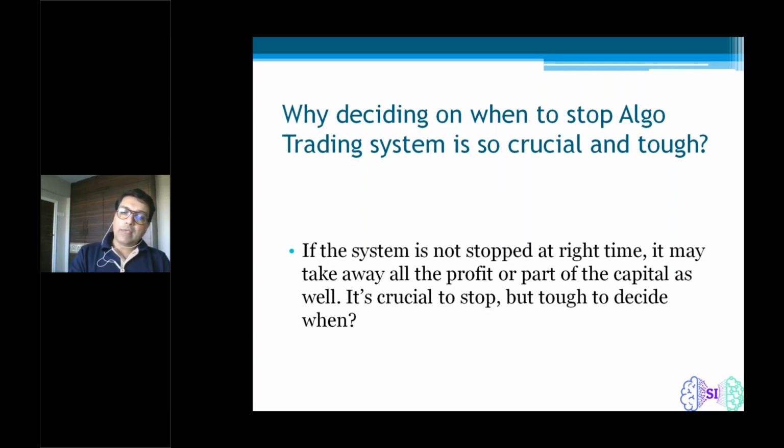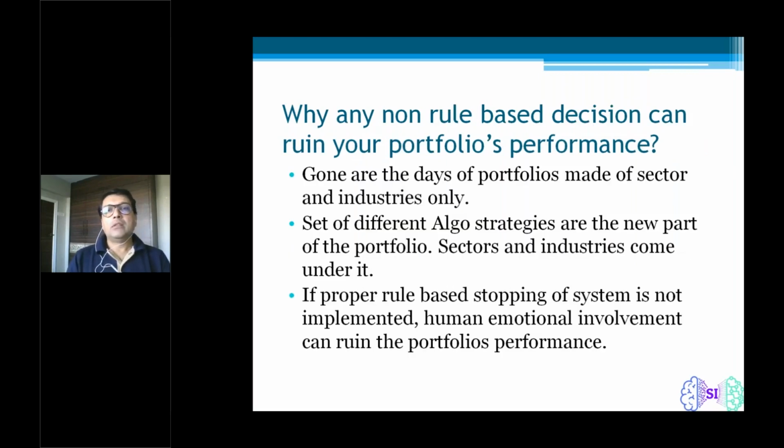Whenever there is any kind of human intervention, that part of the system converts an algo trading system into a discretionary trading system, because wherever humans are involved, there is no rule base.